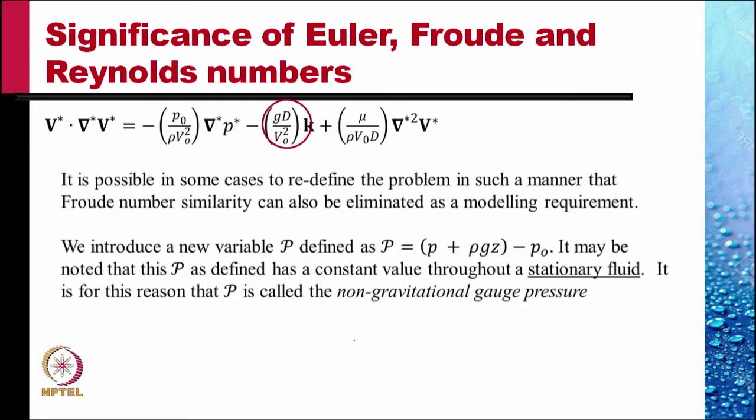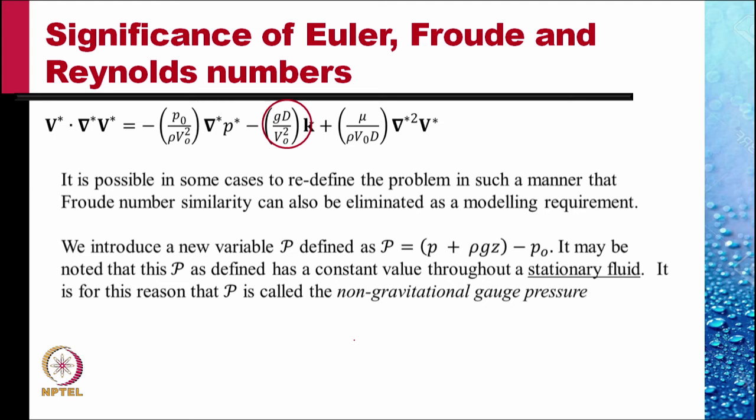Next, we consider g D by V naught square. It is possible in some cases to redefine the problem in such a manner that the Froude number similarity can also be eliminated as a modeling requirement. We introduce a new variable, a modified pressure, written as script P, defined as P plus rho g z minus P naught.